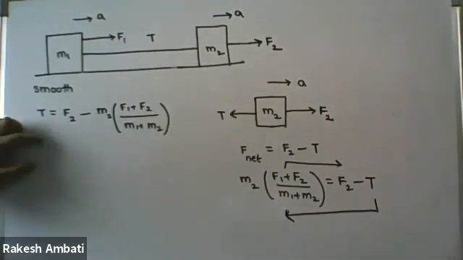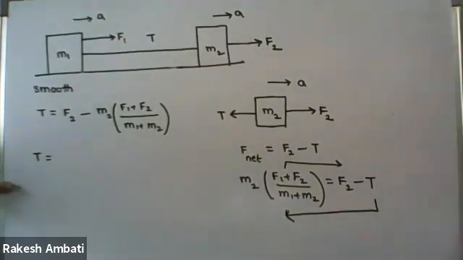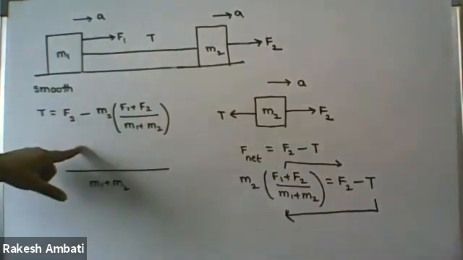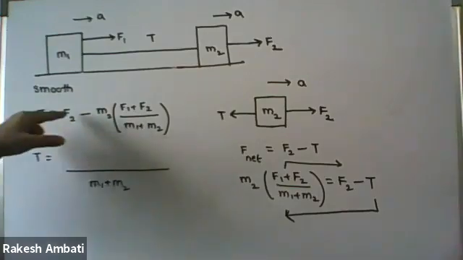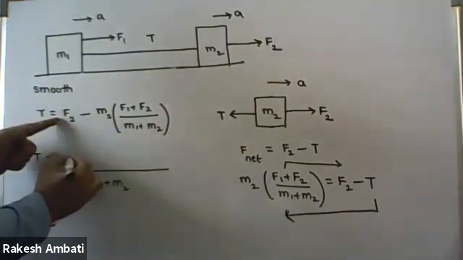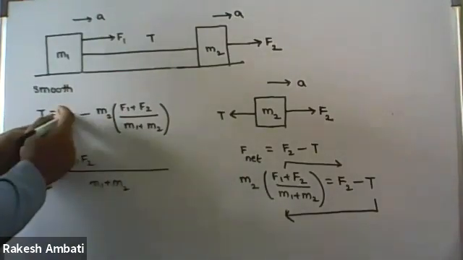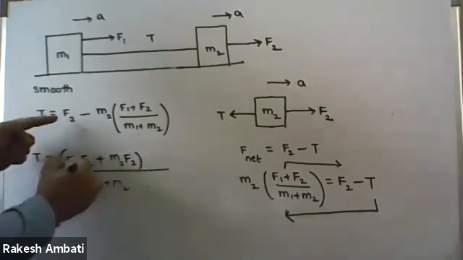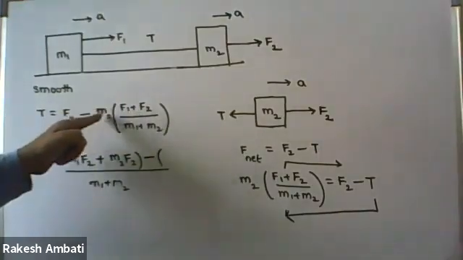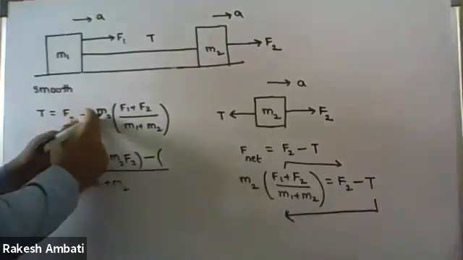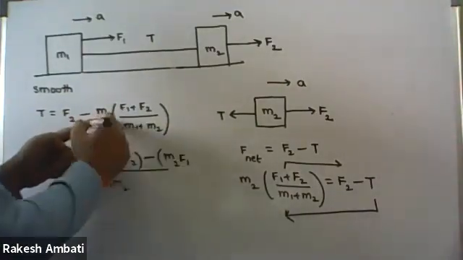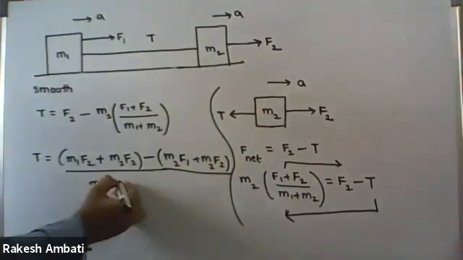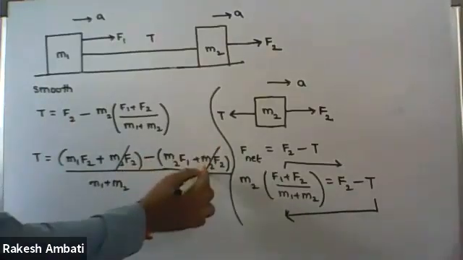Let us simplify it. T equals, with LCM denominator M1 plus M2, and for the numerator, cross multiplying gives M1 F2 plus M2 F2, minus M2 times F1 and M2 times F2. Observing clearly, M2 F2 minus M2 F2 cancel out.